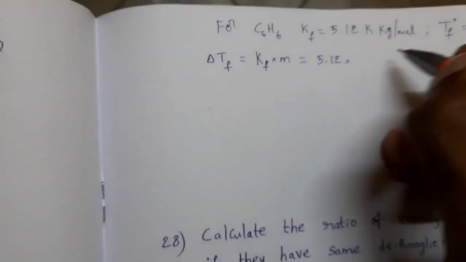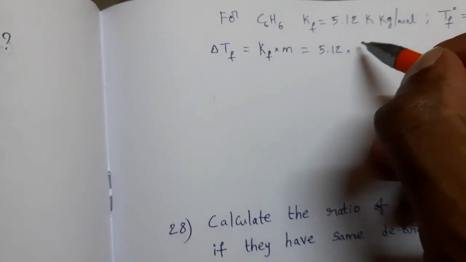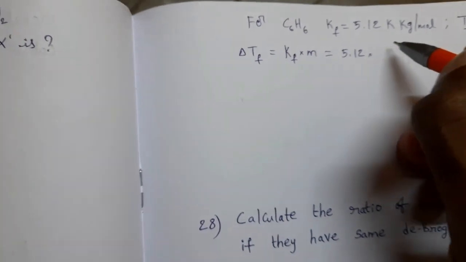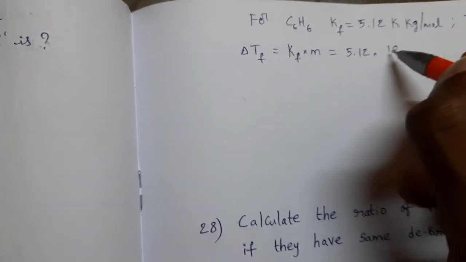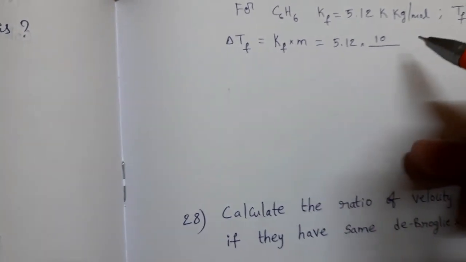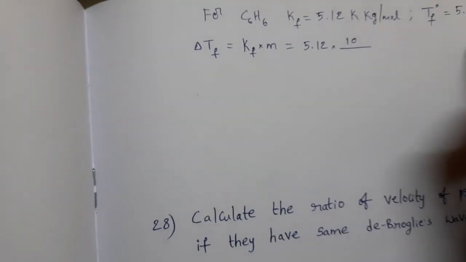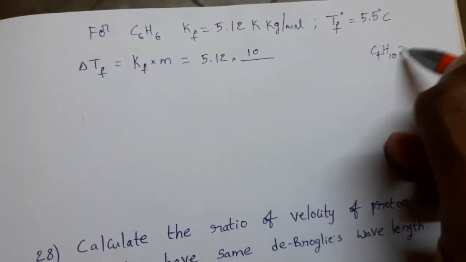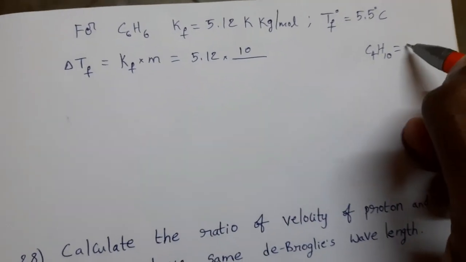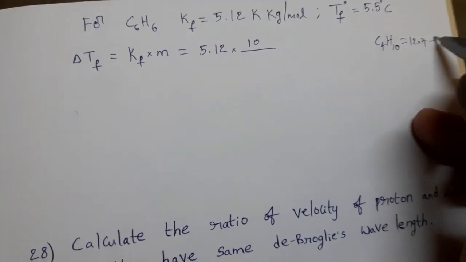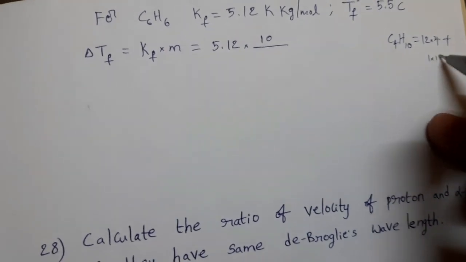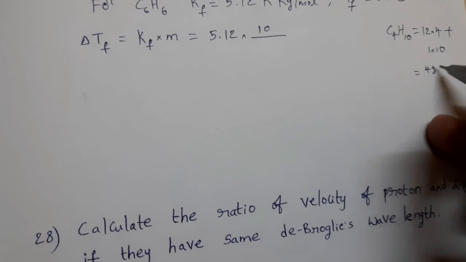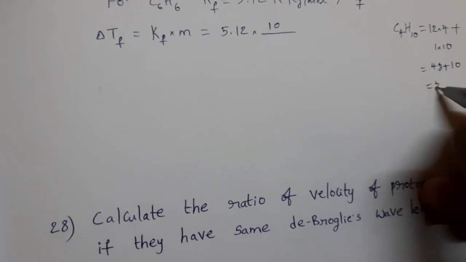Molality means weight of solute. Here solute is butane. How much weight? 10 grams, divided by molar mass of butane. See here, C4H10, what is the molar mass? 12 into 4 plus 1 into 10, that equal to 58.